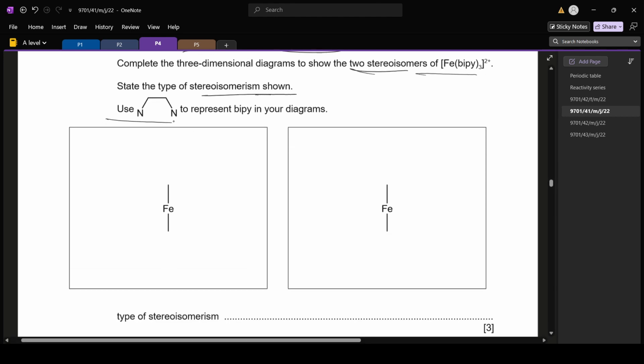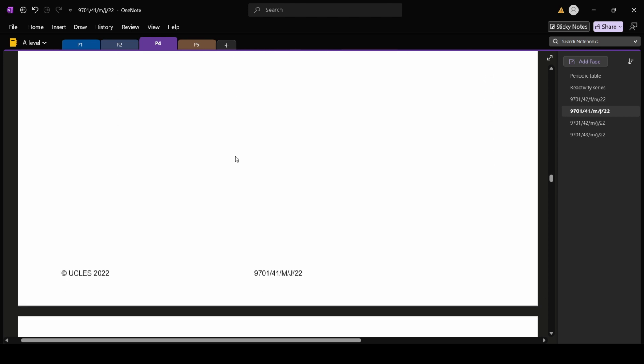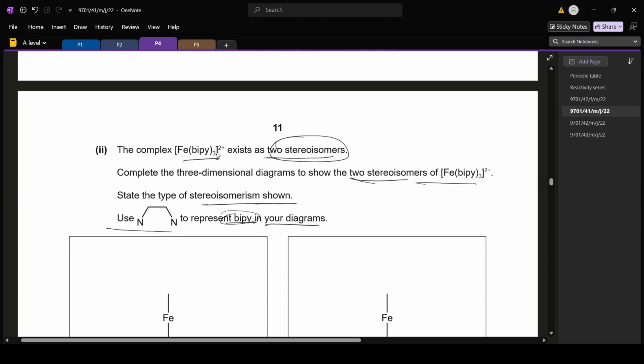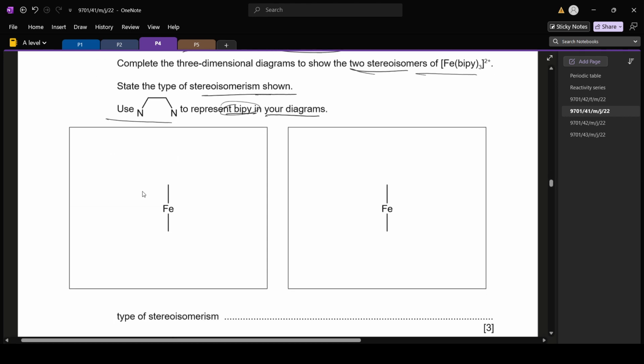Use this symbol to represent the bipy in your diagrams. So bipy is a bidentate ligand, so it donates two lone pairs. There are three bipy, so it donates 6 lone pairs and forms an octahedral complex. So for the octahedral complex, we will draw it like this.